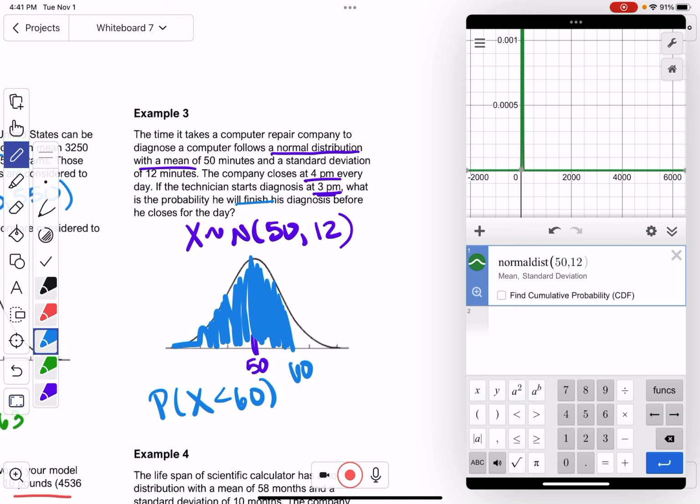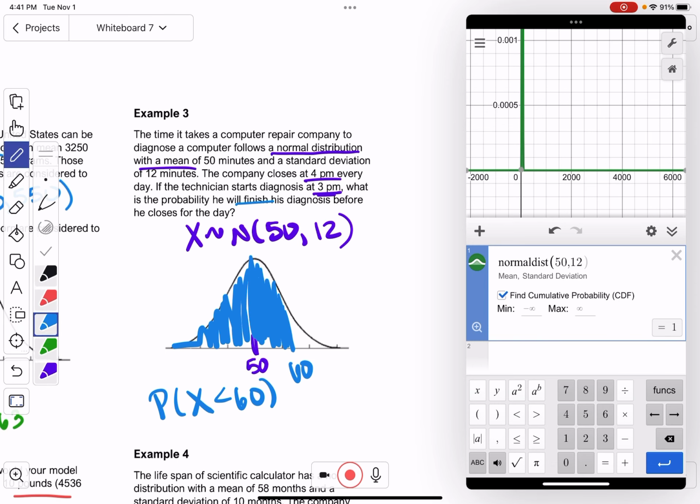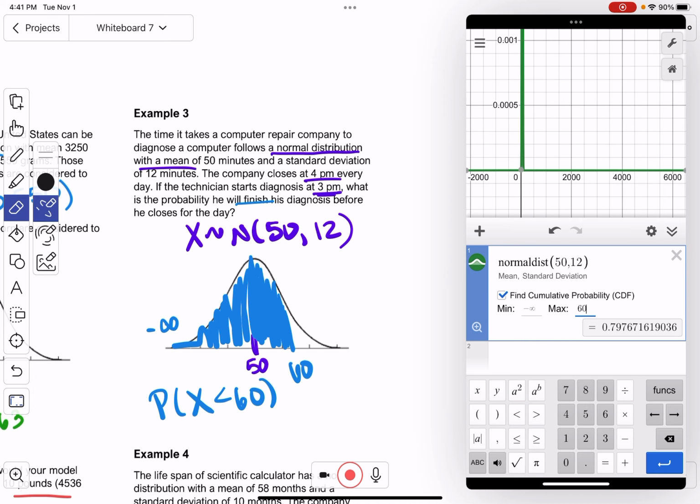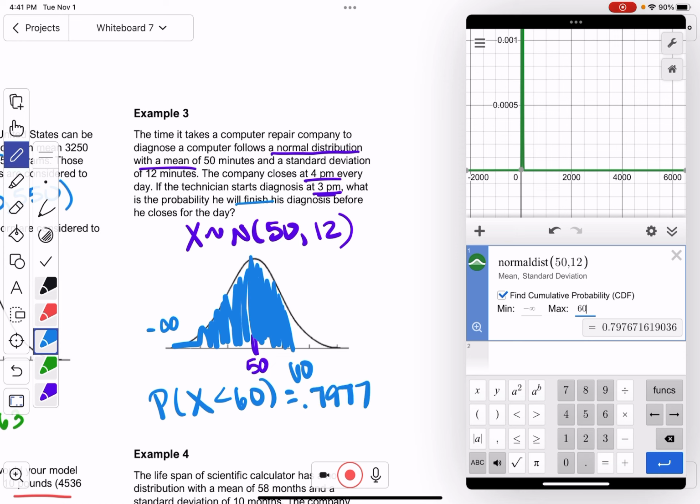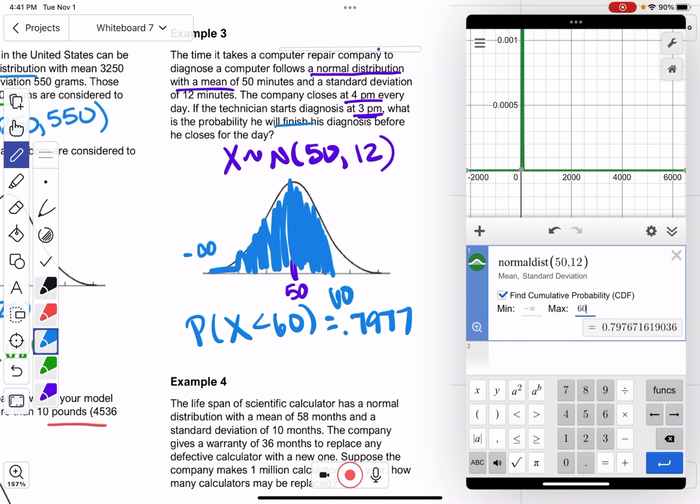Standard deviation is 12. Find the cumulative. Our lower bound starts at negative infinity again, and we're going to stop it at 60. So there is almost a 0.7977 chance, or about an 80% chance that he'll finish it before the time is up, based on these numbers. There's only a 20% chance that he won't finish it.